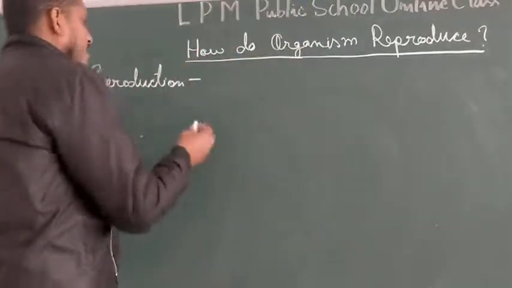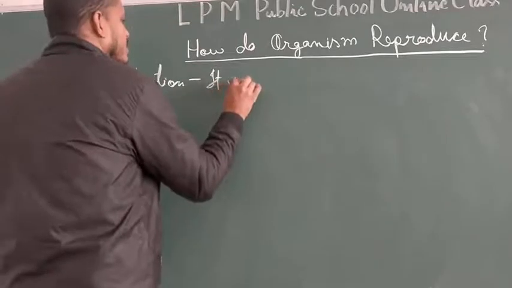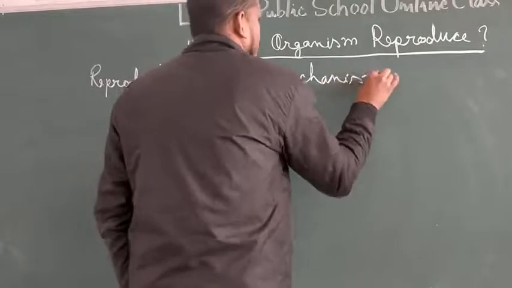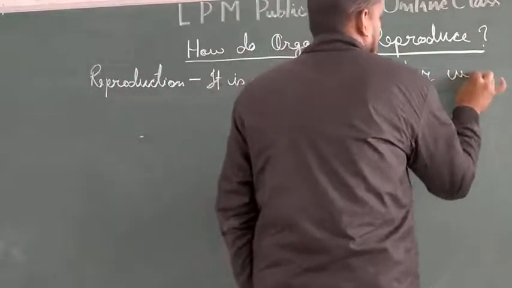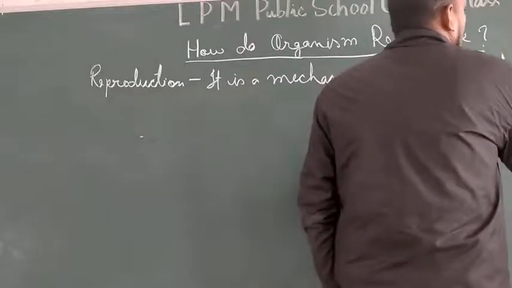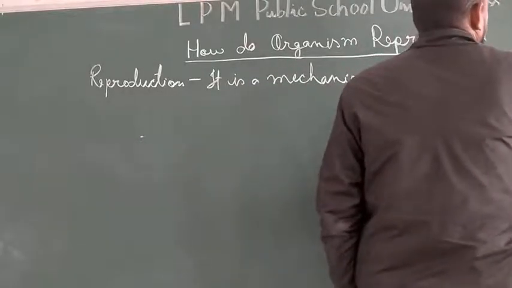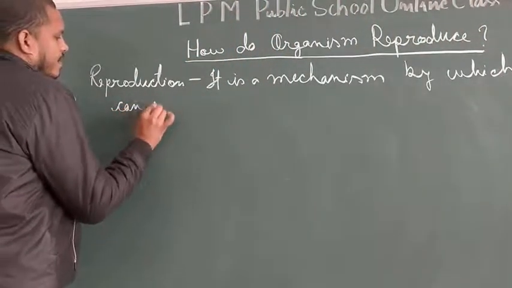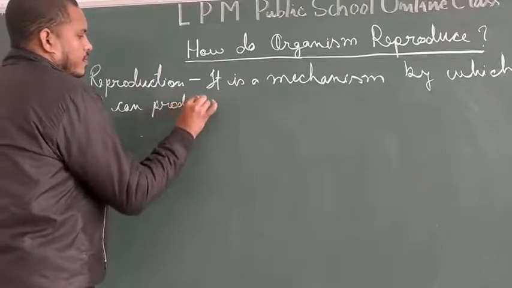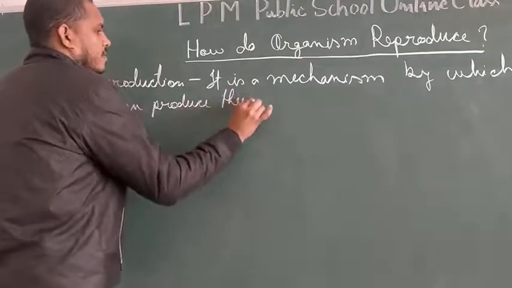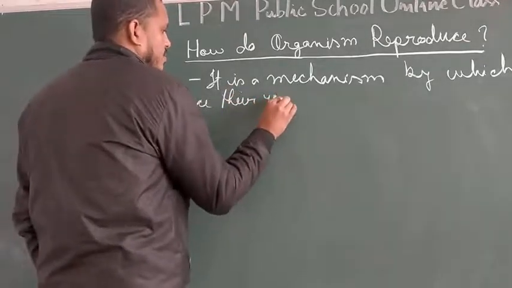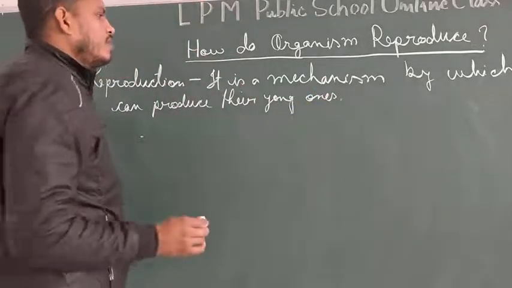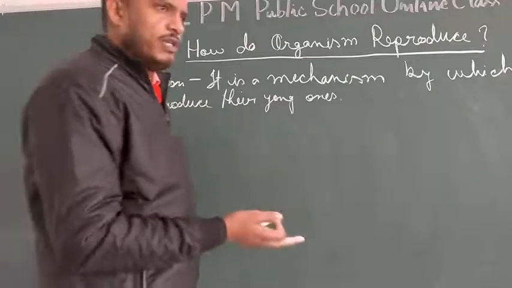It is a mechanism by which an organism can produce their young ones. Okay, so it is a method by which an organism can produce their young ones or their new generation.